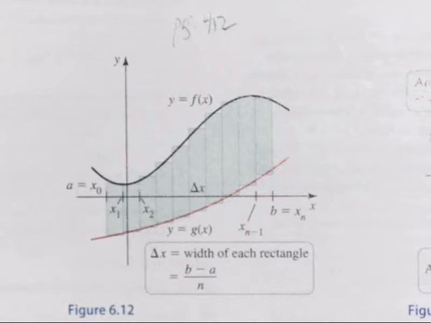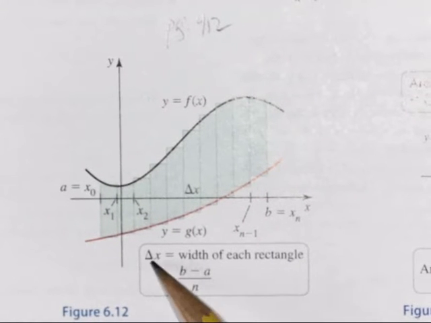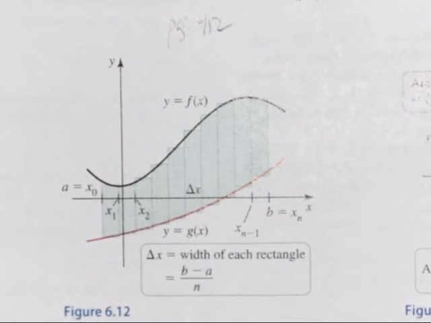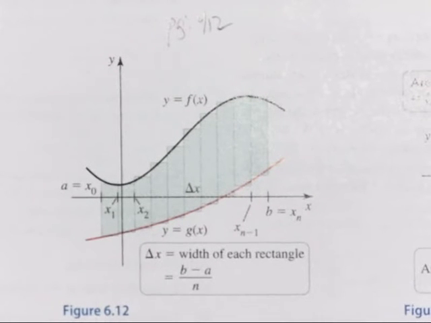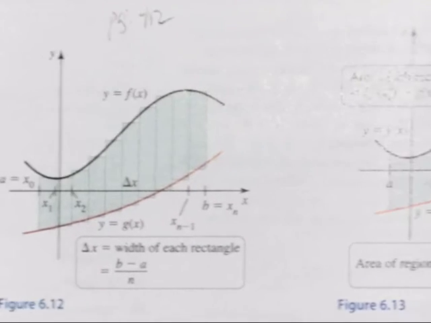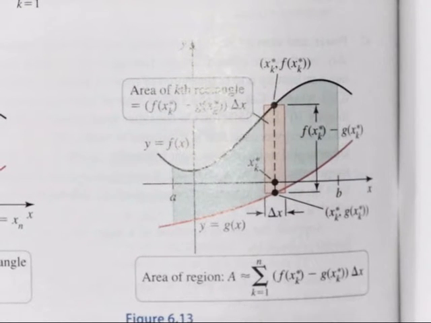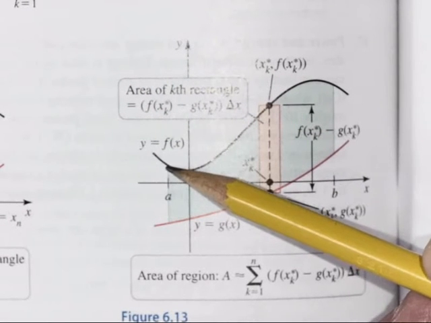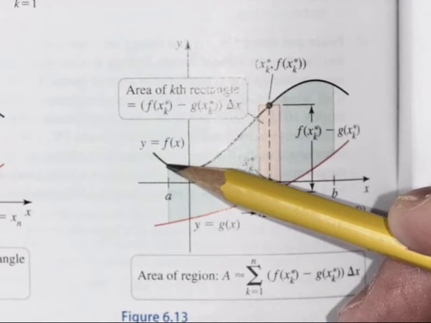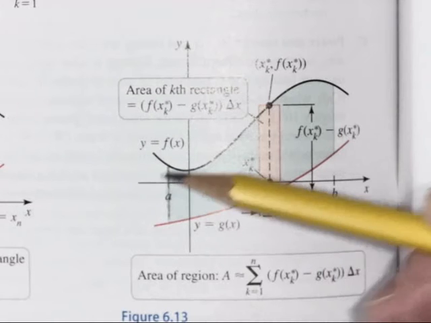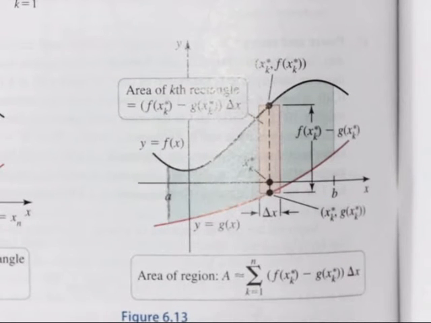So remember that delta x essentially gives us the width of the rectangle. A and B are the starting points of our region. So I'm going to shift back over to this graph here. Notice that A is the leftmost boundary point for the shaded region, which is located here.